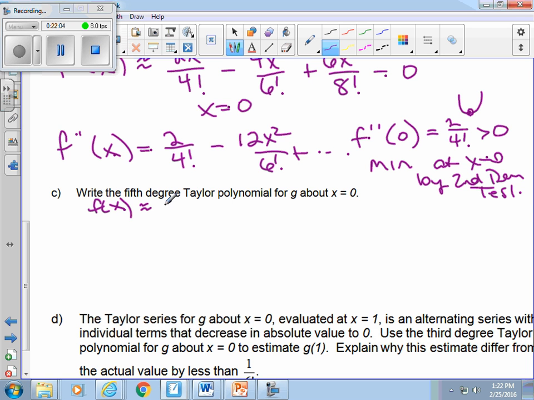Negative 1/2 plus x squared over 4 factorial minus x to the 4th over 6 factorial. I think I could stop there. Why is that a good place to stop? True. And what's going to happen when I do an integral? What's a 4th power anti-differentiated? 5th power. So I know I'm safe stopping there because this is about to be a 5th power. It's not yet, but it's about to be.